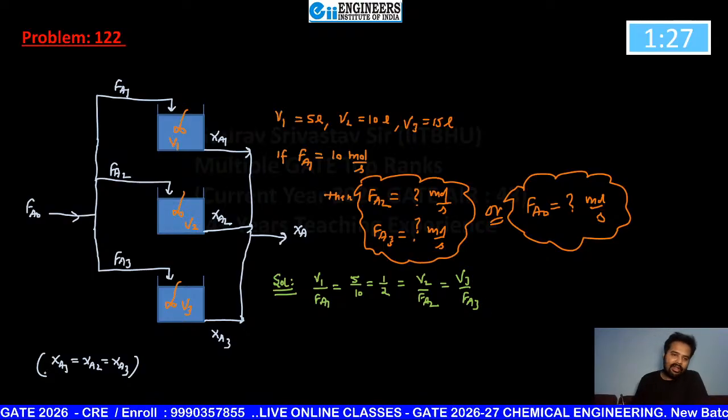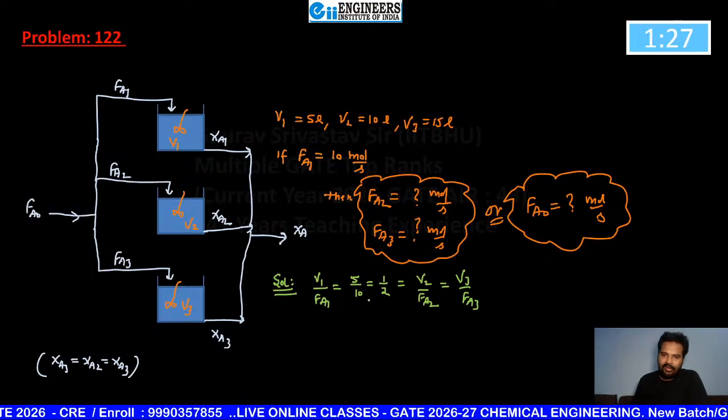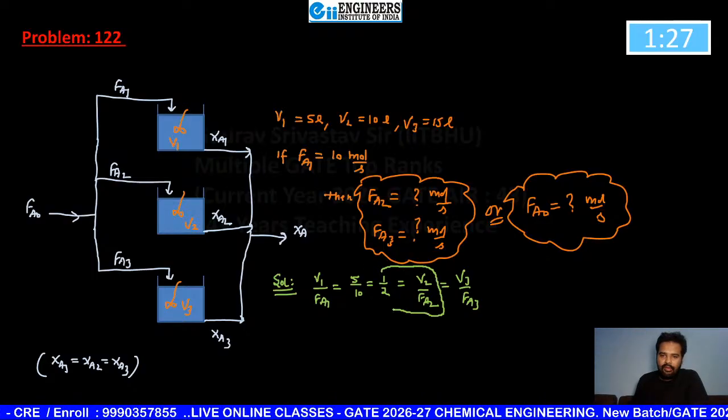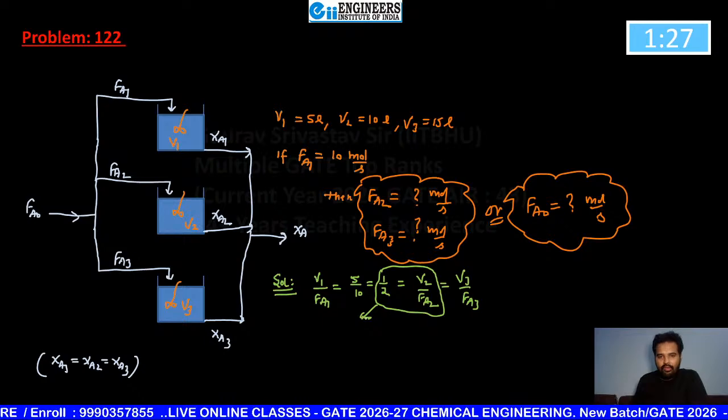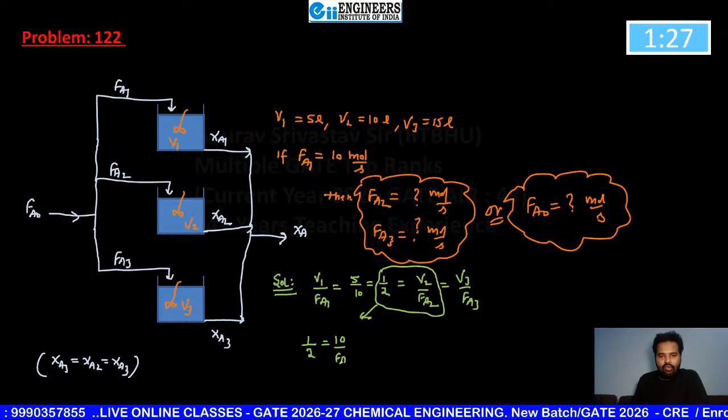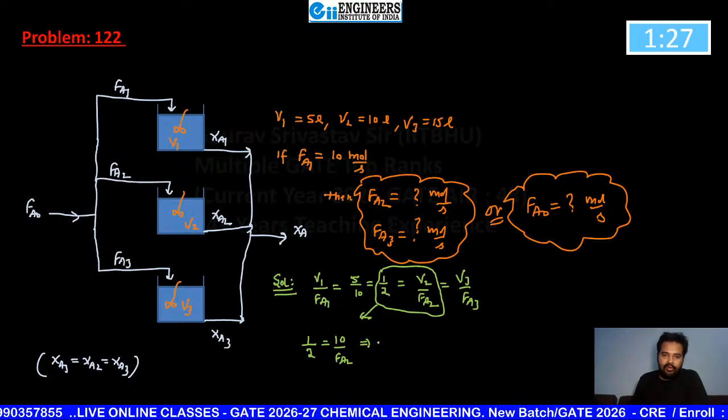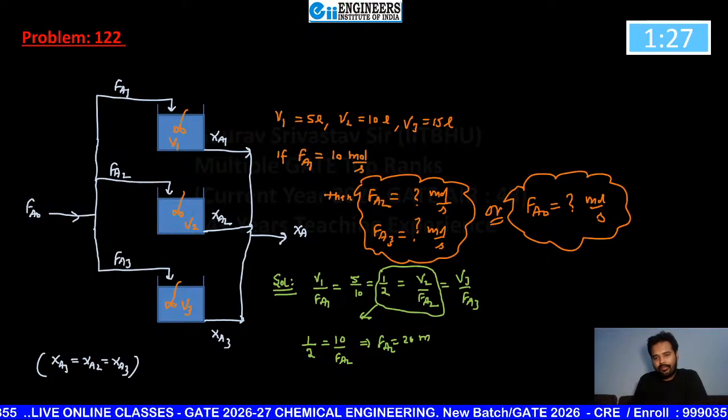Because it is clearly mentioned that XA1, XA2, XA3 are identical. Now, 1 by 2 is equal to V2, which is 10, by FA2. So clearly after solving, FA2 is 20 mole per second.